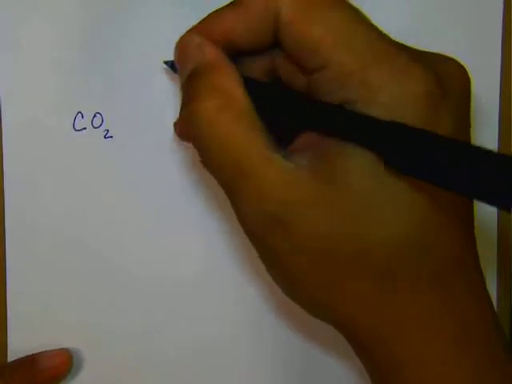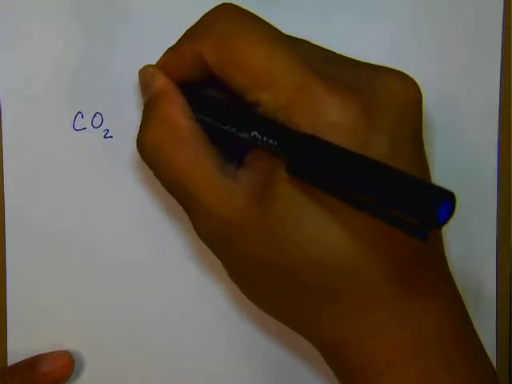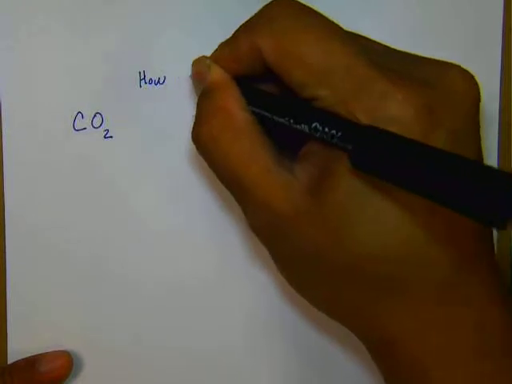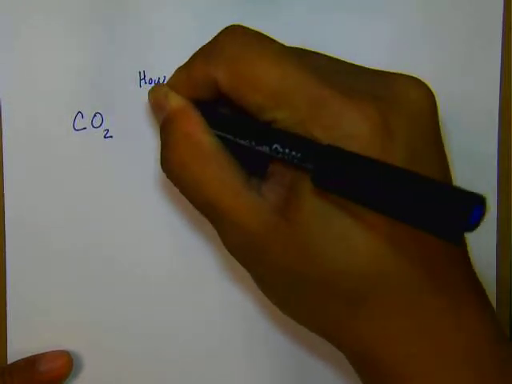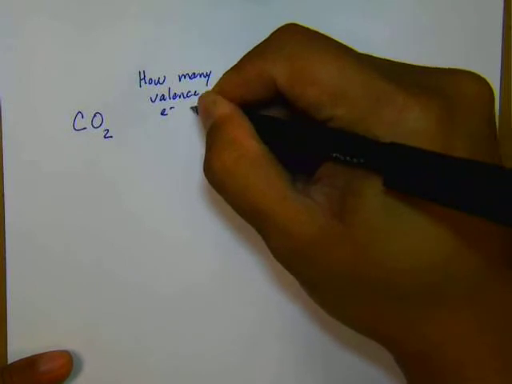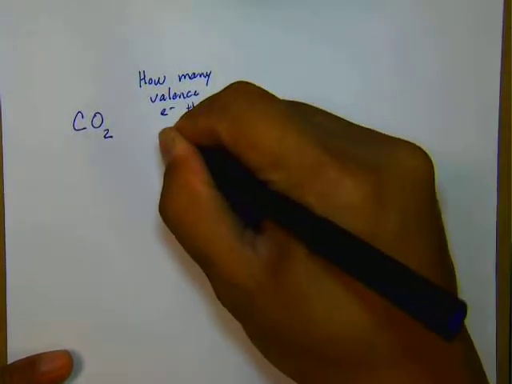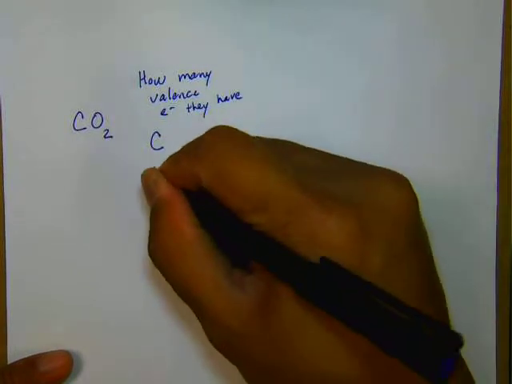The first thing you want to do is figure out how many valence electrons they have. So, this compound is made up of 1 carbon and 2 oxygens.